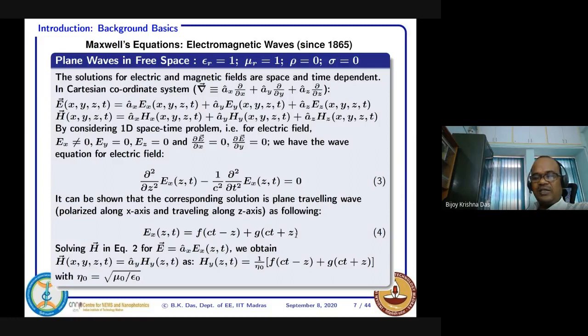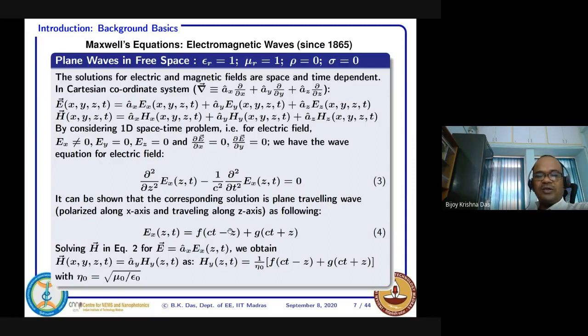You see, c is there, and your solution must be time dependent and z dependent. The solution can be a combination of two different terms: either a function f of ct minus z, or a function g of ct plus z.